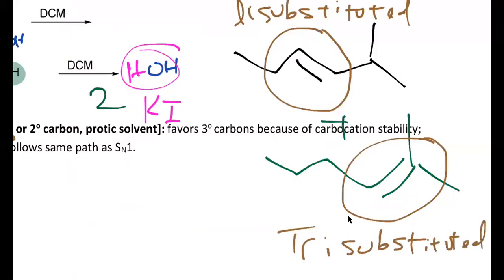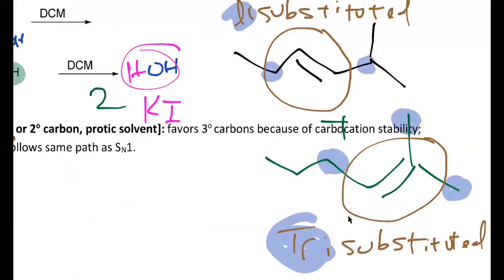Right? What that refers to is the number of groups or the number of carbons that's attached to your double bond. So if you look here, you got a carbon group here, a carbon group here, and a carbon group here on this double bond. So that means it's trisubstituted. Up top, you got a carbon here and a carbon here. So that means it's disubstituted. So it's two groups attached. All right.